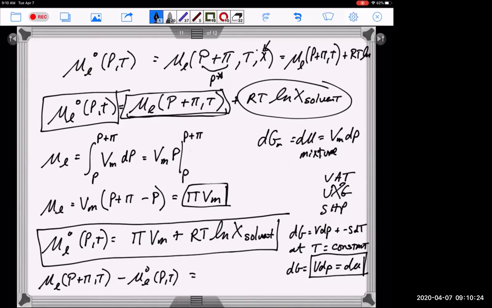So mu zero liquid is going to be this term, and this term here, this P over V, this is d mu, which is also going to be equal to mu.